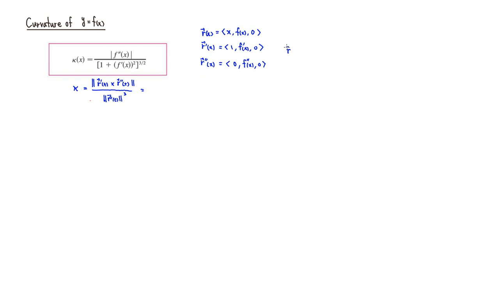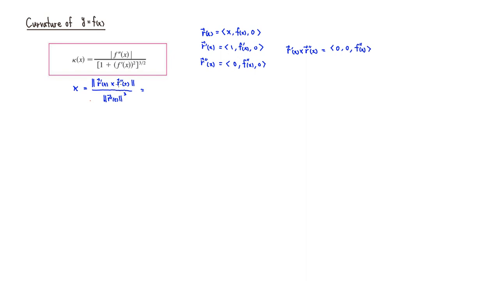The cross product between r prime and r double prime of x would be, this times that minus that times that, 0, so there's only a z component. It's 1 times f double prime of x minus 0, so that's just that.